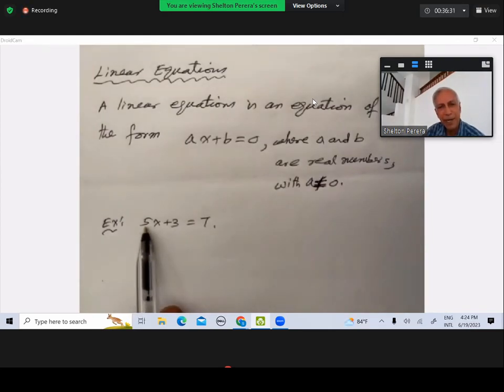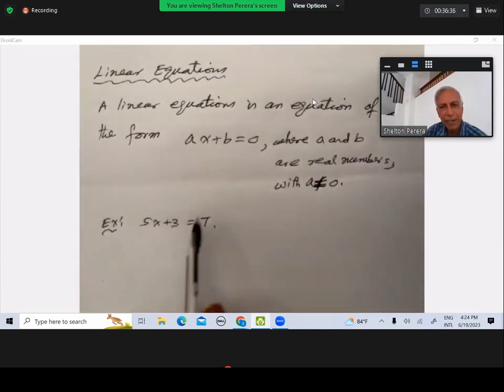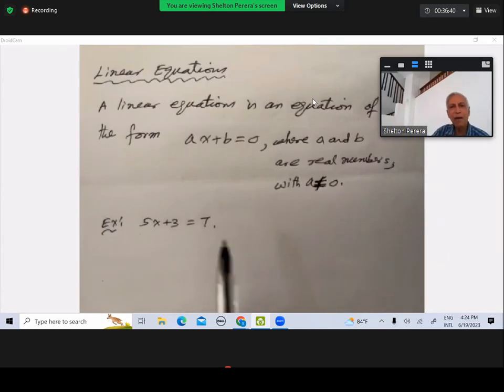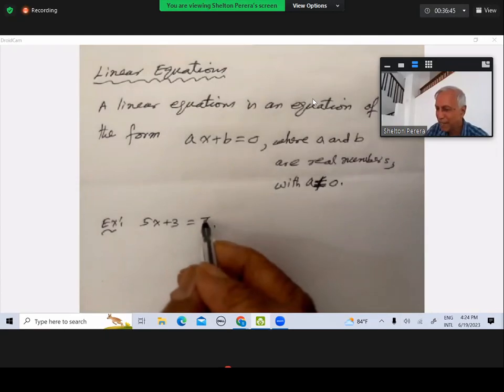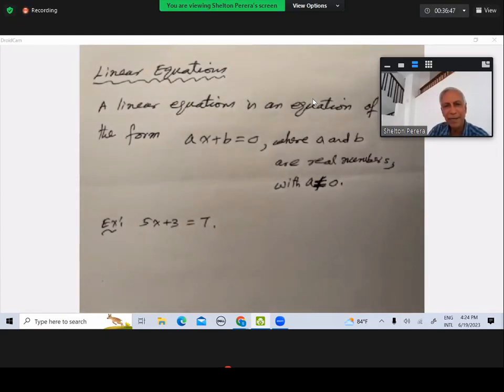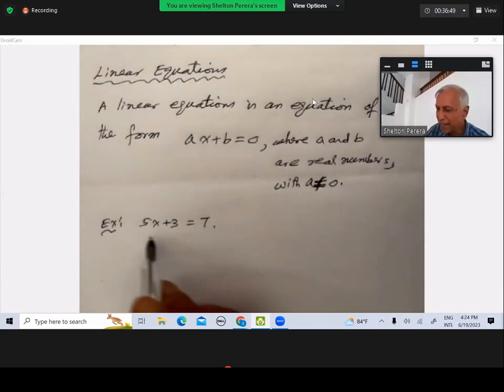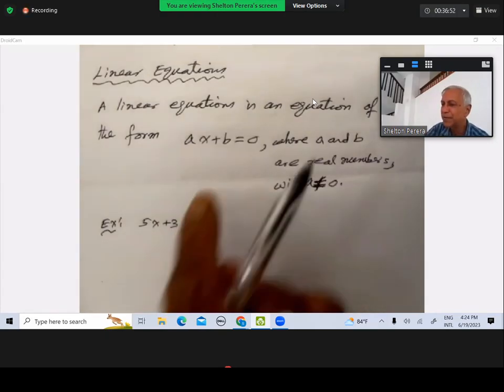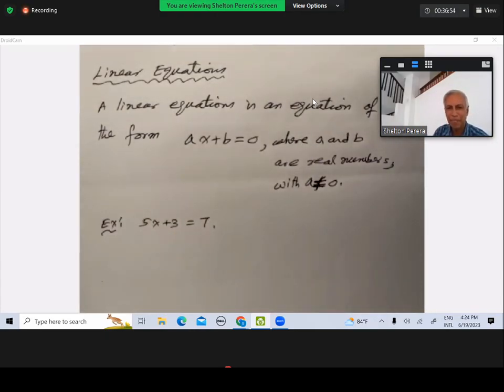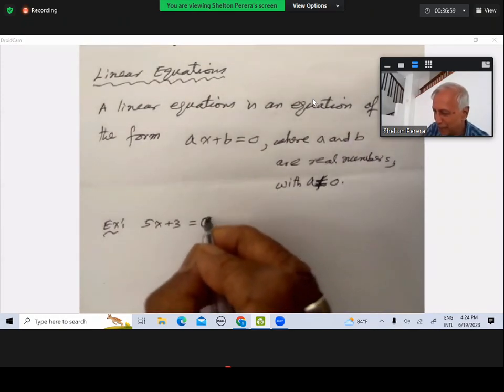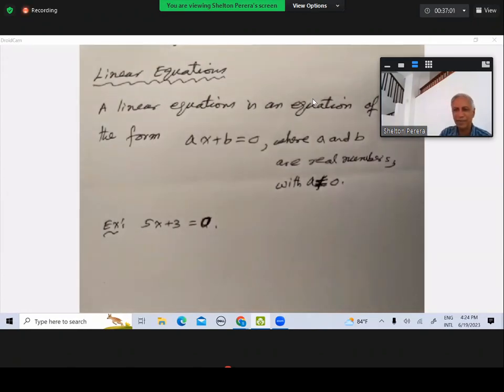Check, 5x plus 3 is like ax plus b equal to, it's not equal to 0, no? But if I take this to this side, you can make this equation into an equation which looks like this. I will just put this so that you will not get confused. 5x plus 3 is equal to 0.